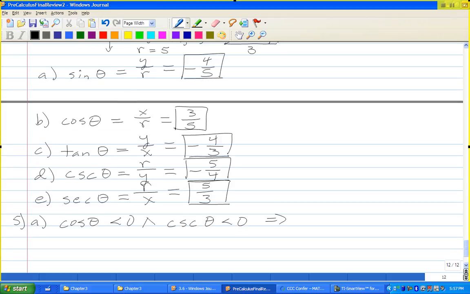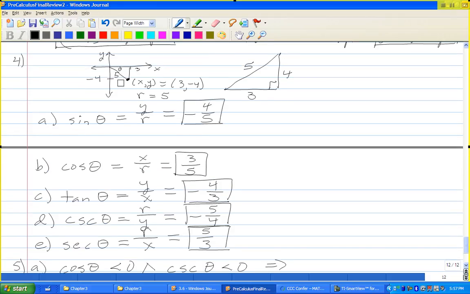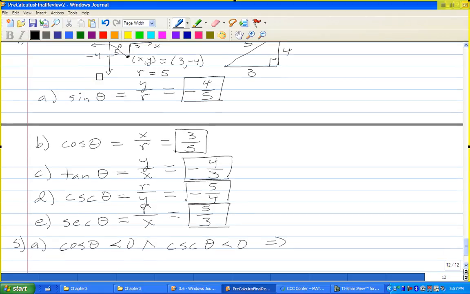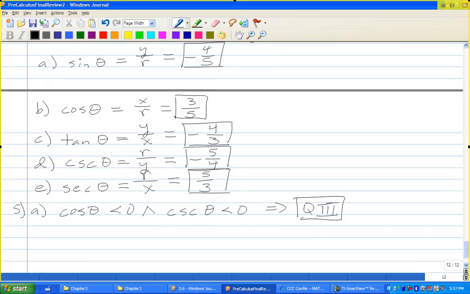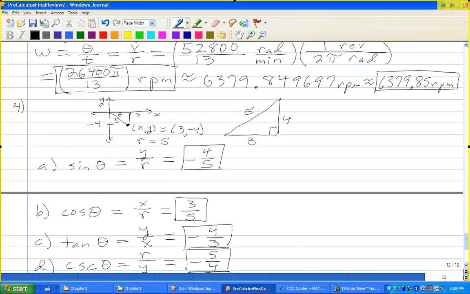So both cosine and sine are negative, so you're in the third quadrant. Cosecant is positive, so that means sine is positive. Secant is positive, so that means cosine is positive. So both sine and cosine are positive, so you're in the first quadrant.